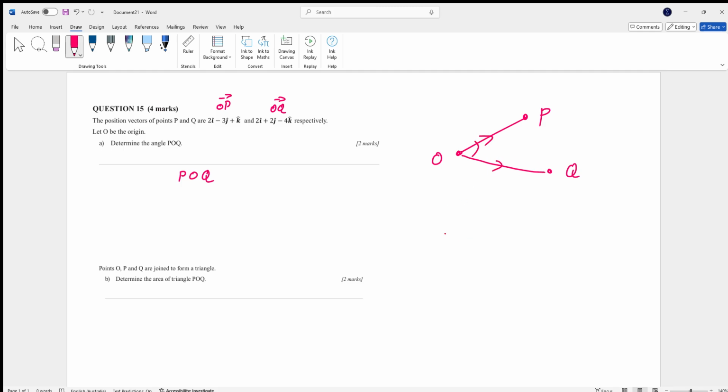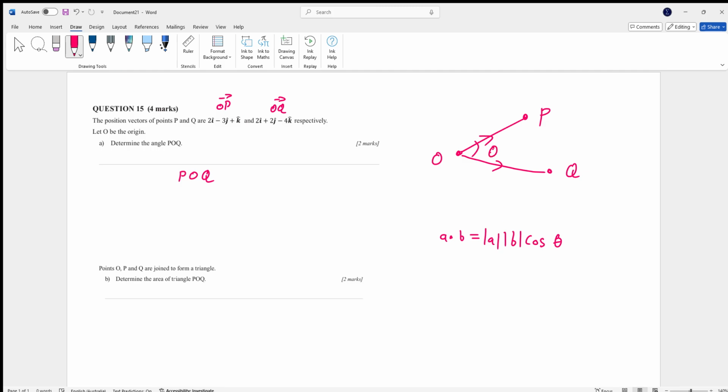So realistically, it's just using this formula that you would have learned back in year 11, more of an extension here. Rather than the vectors A and B, it'd be the vectors O to P and O to Q to find the angle. So we literally just replace into this formula.